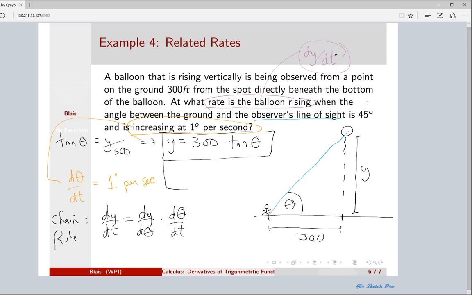Because y is 300 tan theta, we know dy d theta is 300 times the derivative of tangent of theta with respect to theta, which is secant squared theta. So our dy dt becomes, we can substitute that in, 300 times secant squared theta times d theta dt.